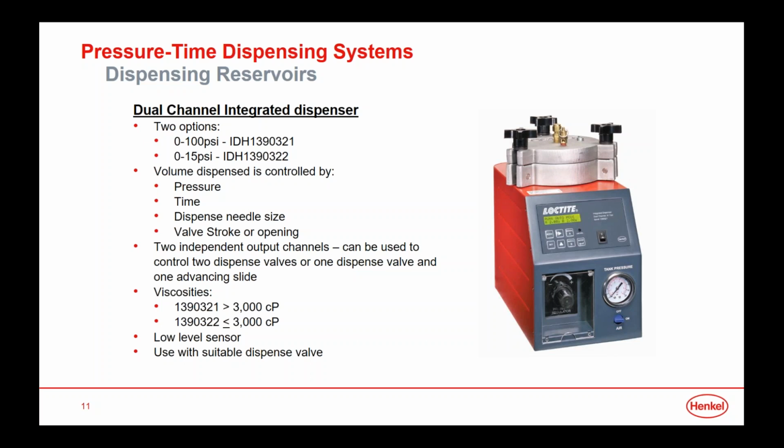All the control is part of the reservoir itself, so you could set time, distance and programming right on the control of the reservoir. This is a great solution for semi-automated processes that don't necessarily have a robotic or fully automated application, but need some level of control for turning your dispenser on and off, which you could do directly from this reservoir. This is one of our most common solutions for larger volume adhesive dispensing out of bottles.